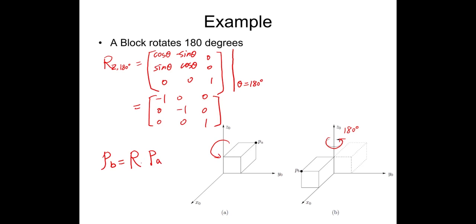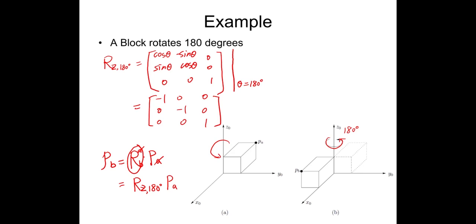Okay, so this should be R with the reference A and B. And this thing and A can cancel out, and this thing should be RZ. In this case, that is RZ 180, because the rotation action is around the z-axis with a rotation of 180. Okay, so then I have my PA. Okay, so that's it.